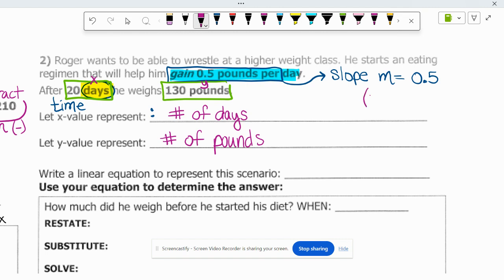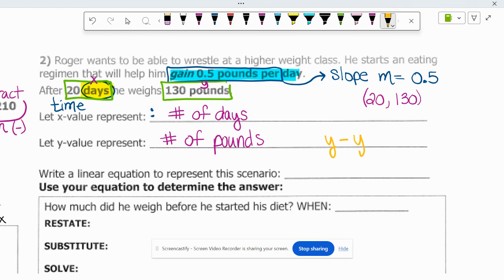We have an X, which is 20, and we have a Y, which is 130. So what type of equation requires that we have an ordered pair and slope? What's it called? Point slope, yes.